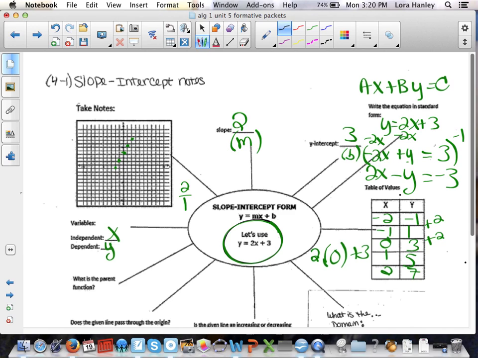You only really need 3 points to graph, but I'm showing you that all of those points that were in our table are actually on our line. Here's -2, -1, -1, 1, 0, 3, 1, 5, and 2, 7. Once you've gotten that, you can connect your dots and put arrows on both ends.